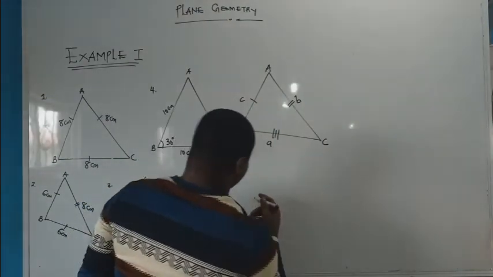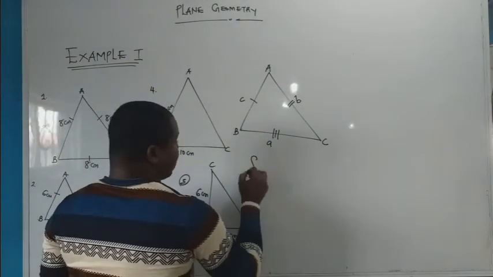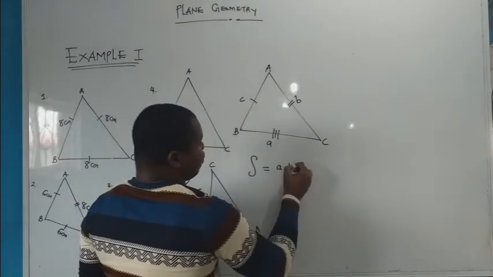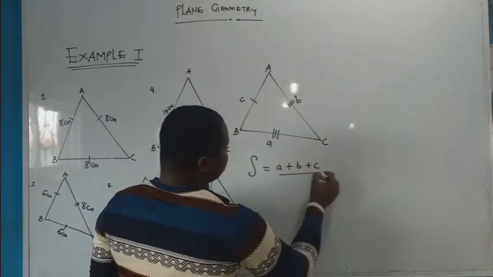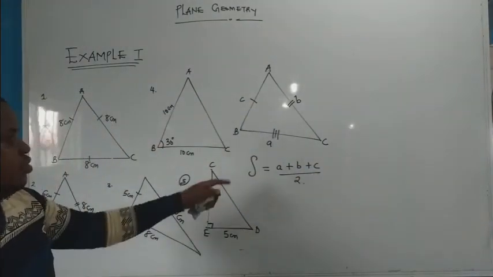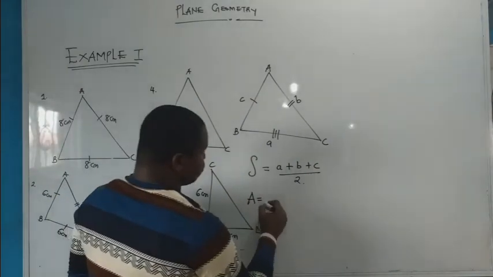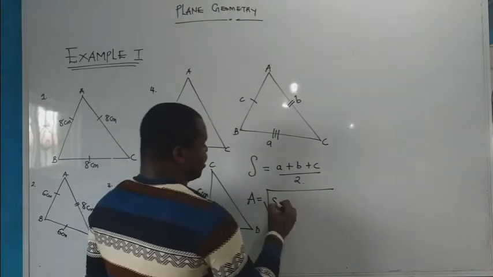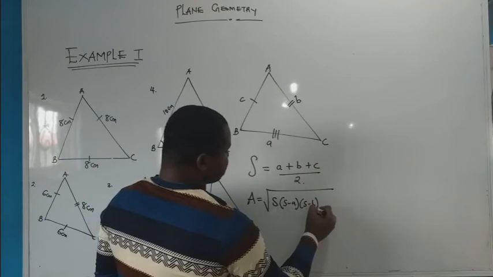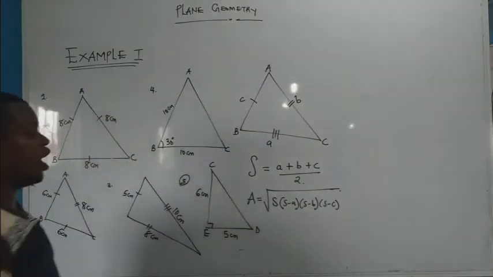To apply the formula, we first find the average of the three sides, which is a plus b plus c over 2. Then the formula says the area is equal to the square root of s, times s minus a, s minus b, s minus c. So this is the formula to apply.